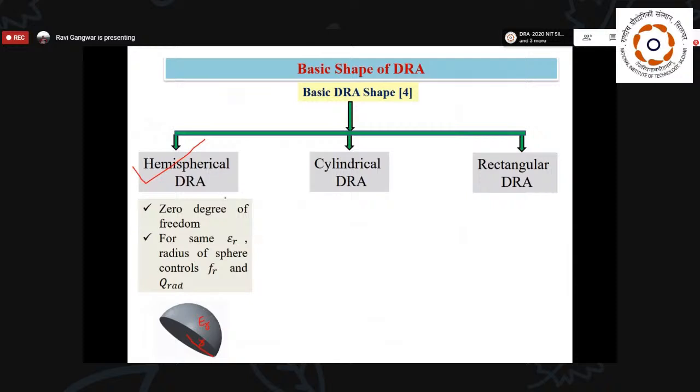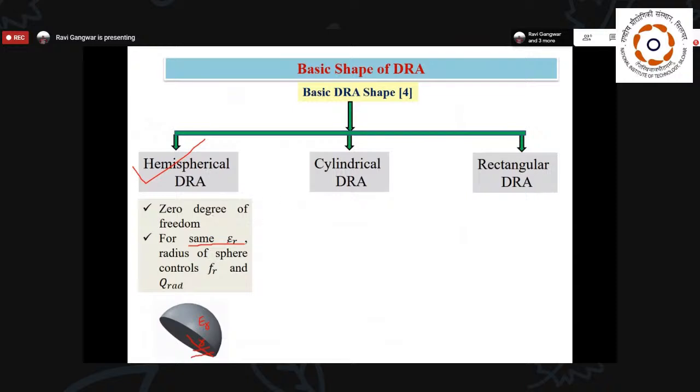So here this DR offers 0 degrees of freedom. 0 degrees of freedom means if you fix the dielectric constant value for the hemispherical DRA, then we have only one parameter, which is the radius of the DRA, to control the resonant frequency and quality factor of the dielectric resonator antenna. So that is basically the major problem with the hemispherical DRA.